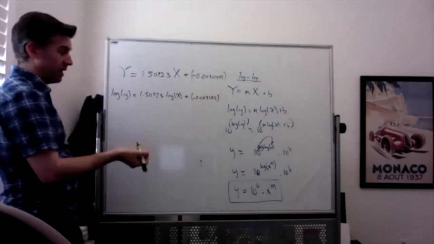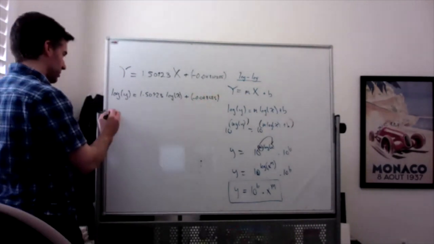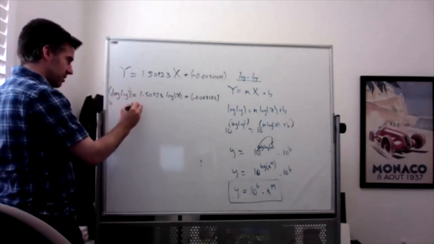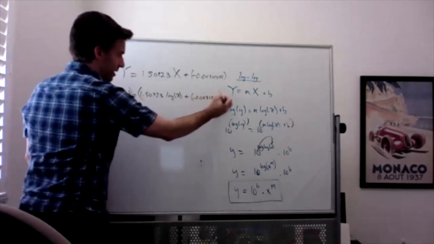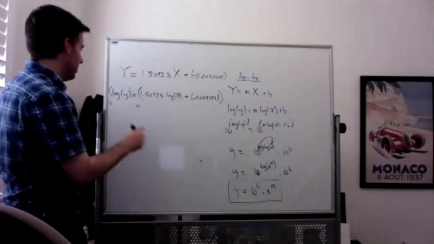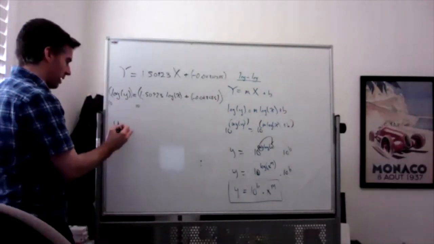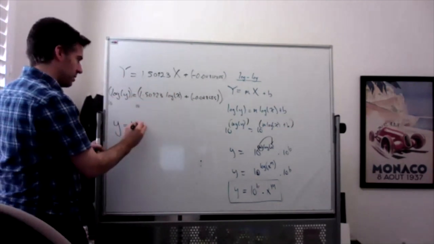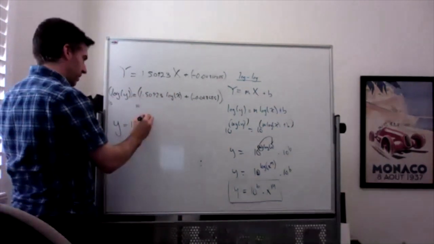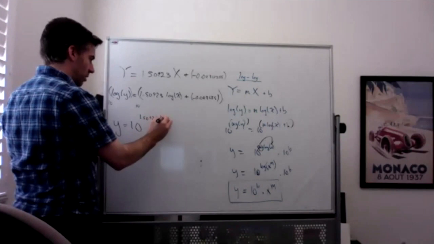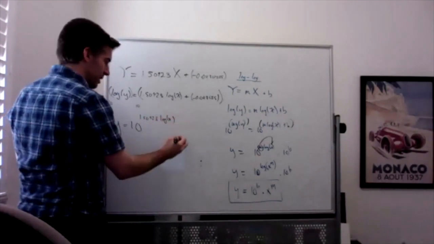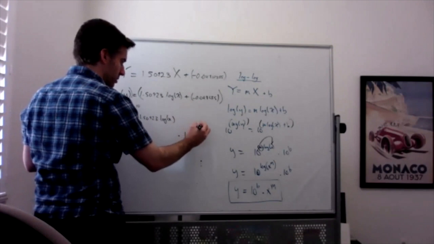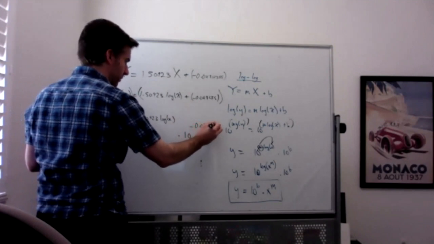And then you would raise both sides as powers of 10. In fact, we can kind of cheat and say it's 10 to the this equals 10 to the that, right? If we're trying to save space. 10 to the log of y is just y. And I'm going to rewrite this as 10 to the 1.50923 times log of x times 10 to the negative 0.048255.